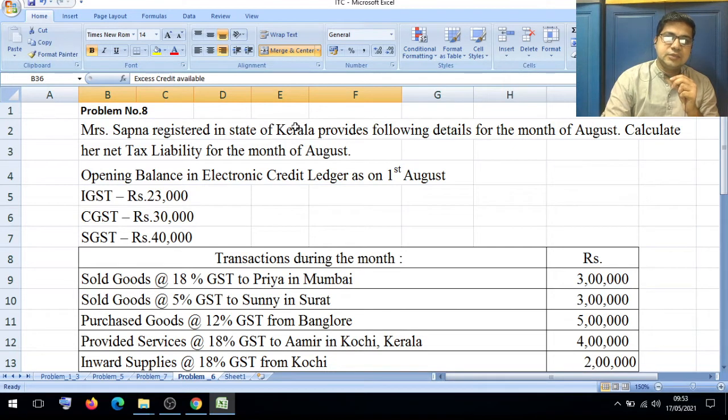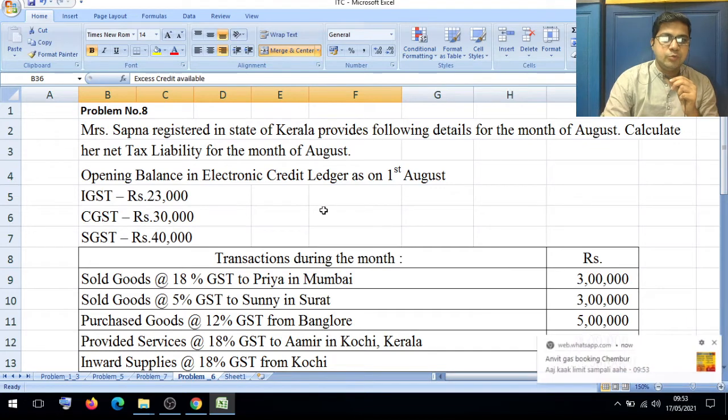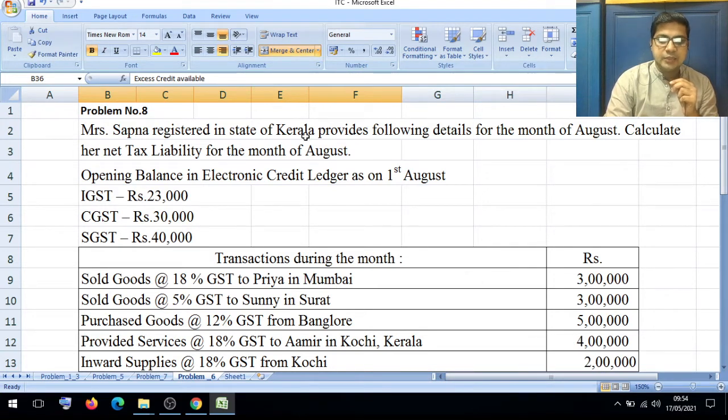Kerala is a state, Mumbai is a city in the state of Maharashtra. Therefore, we can say that goods are sold from one state to another state. Whenever goods are sold from one state to another state, we have to apply IGST.